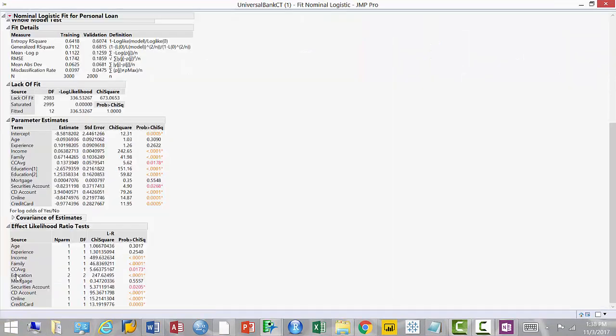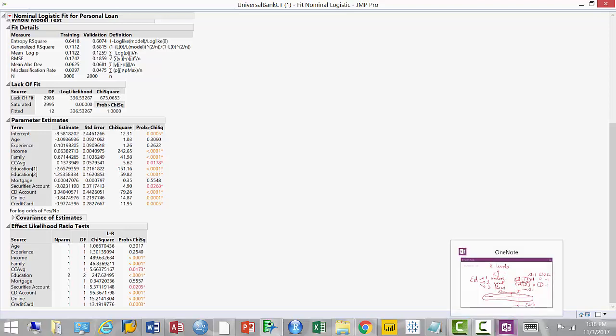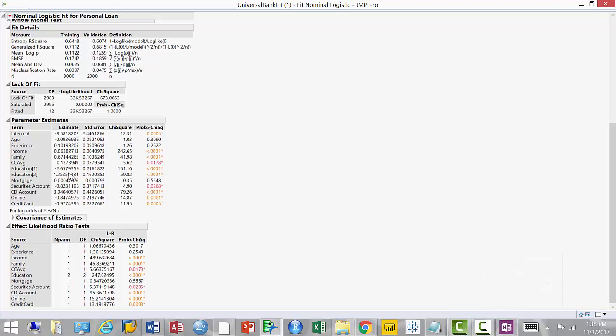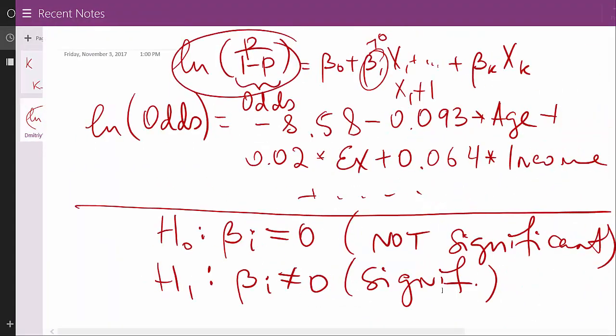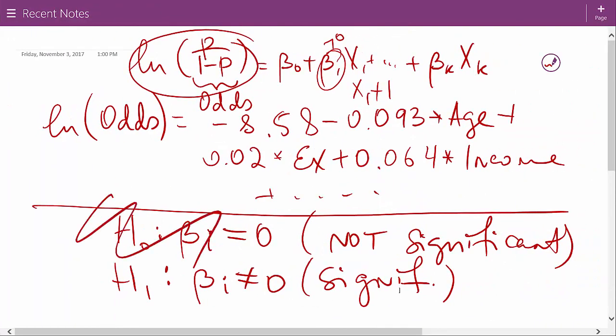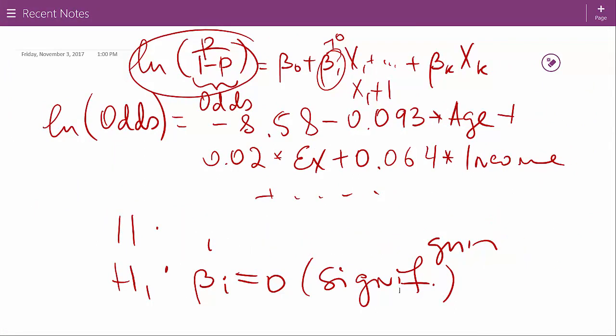What happens in my model if my education is equal to 1? That means I have all this other stuff, and the slope right here is minus 2.6579, so minus 2.66, let's call it. I'm going to erase all that.